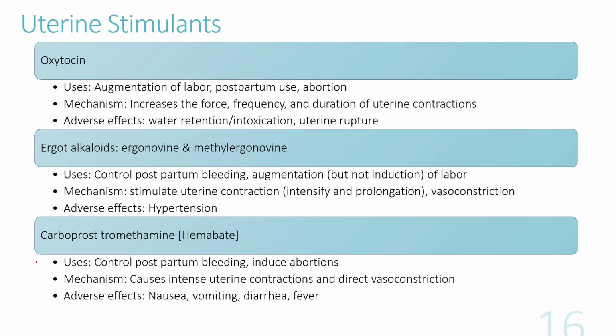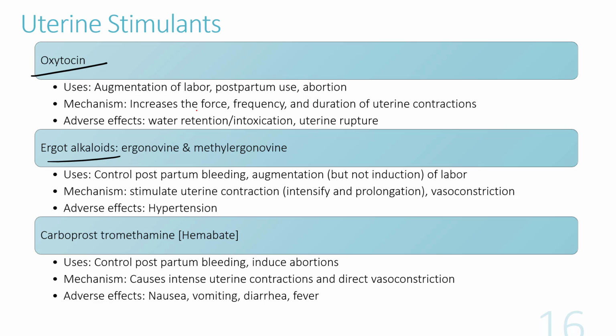Next one that I'm going to talk about are uterine stimulants. So you've got oxytocin, ergot alkaloids, and carboprost. And so oxytocin is used to augment labor, for postpartum use, to actually contract the uterus and deliver the afterbirth, and also used as part of the abortion process, right?